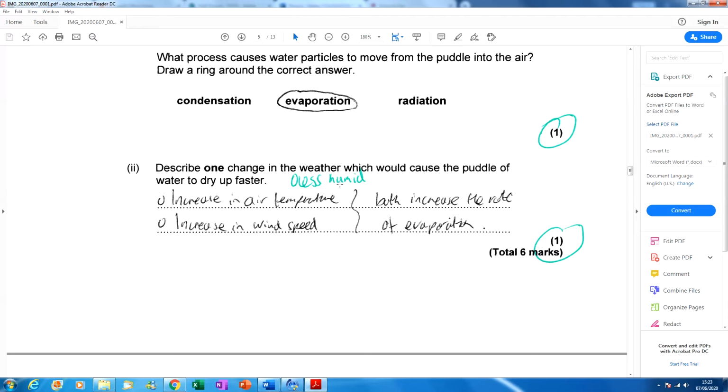So these particles need less additional energy to change state, and of course air is flowing across the surface of our puddle. Especially if it's windy, you get a lot of air moving past the surface of that liquid. So air particles will collide with water particles at the surface and transfer some of their energy to these water particles, which already have a higher amount of energy than the average water particle.